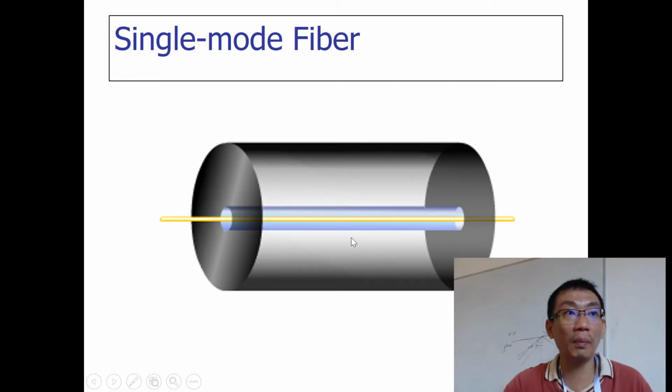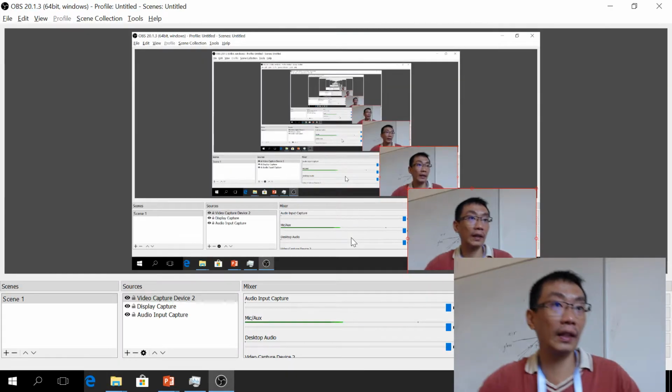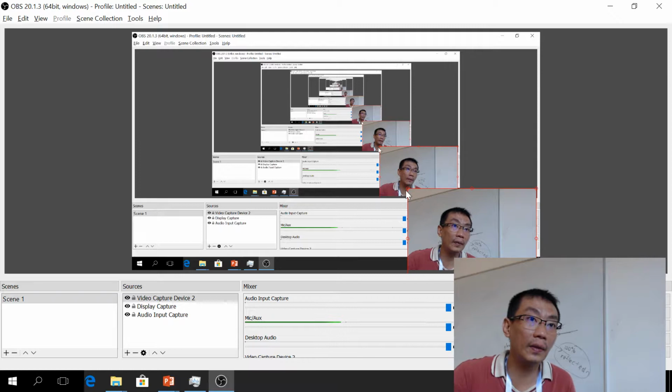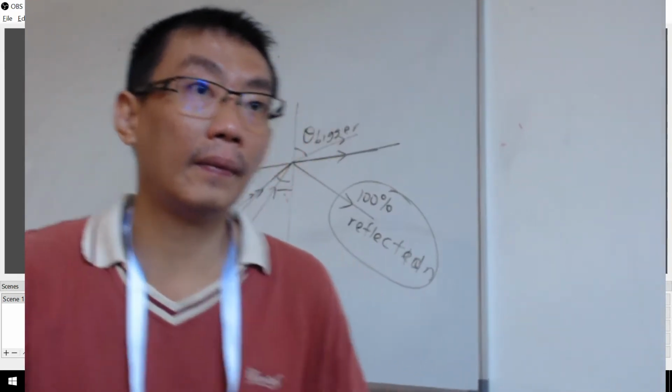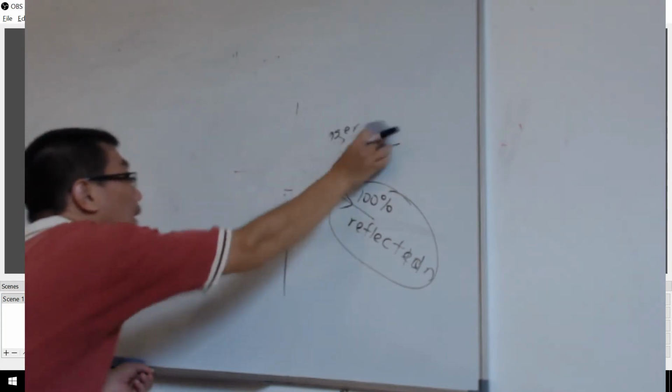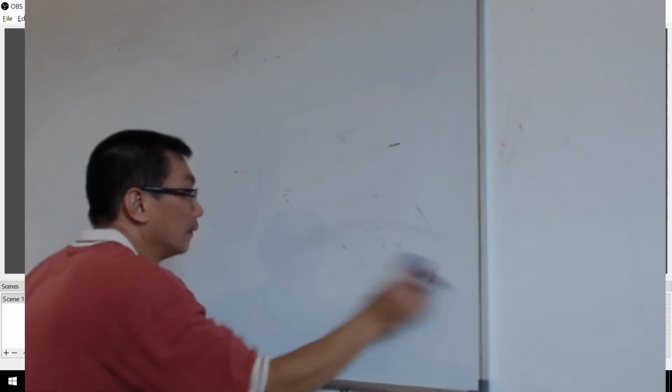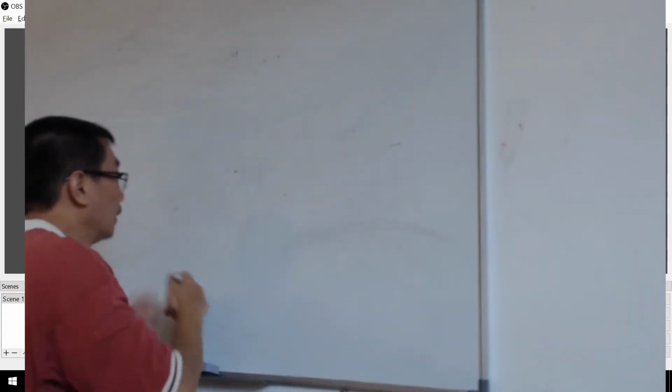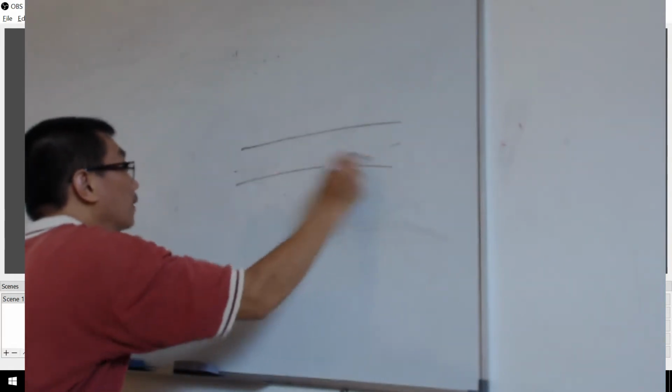Whereas if you have a multimode fiber, once you put in the light, the light will be going like this. You can see here. Let me rub it off. The light in the multimode fiber will go like this.